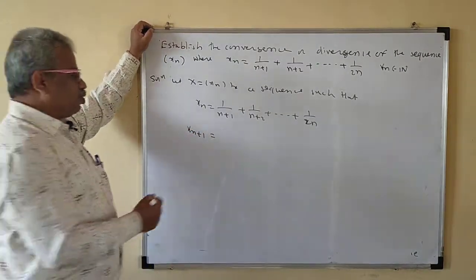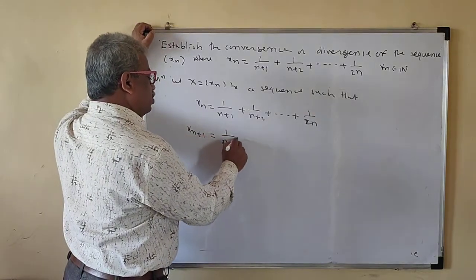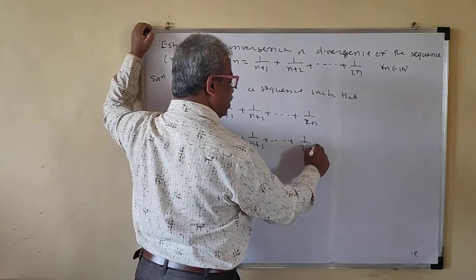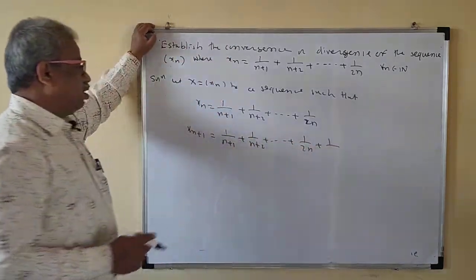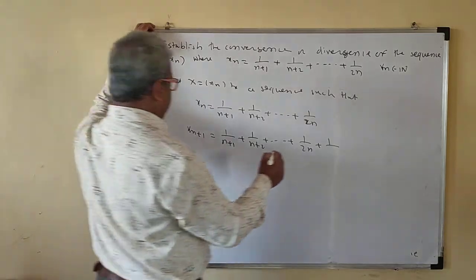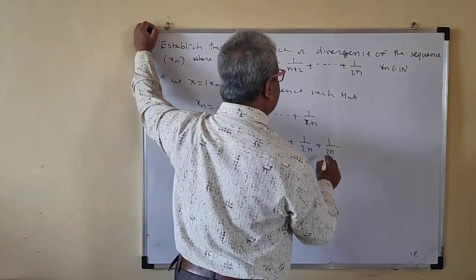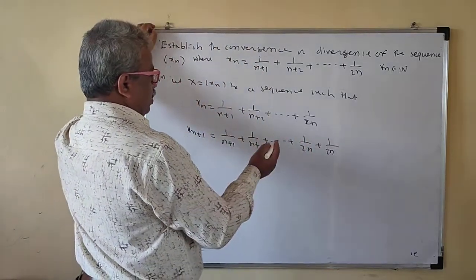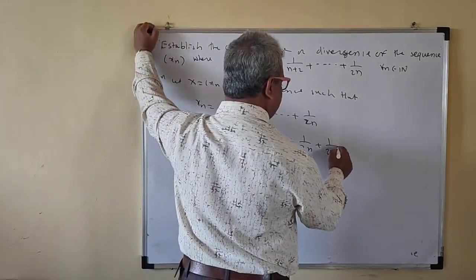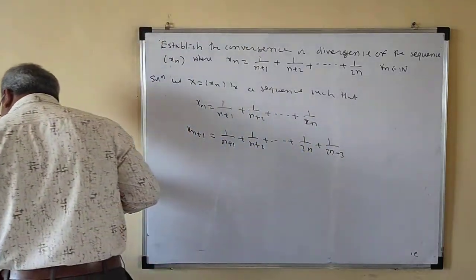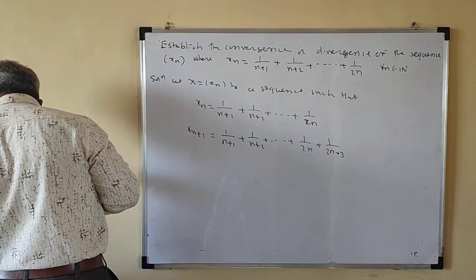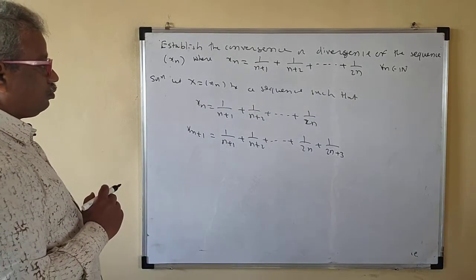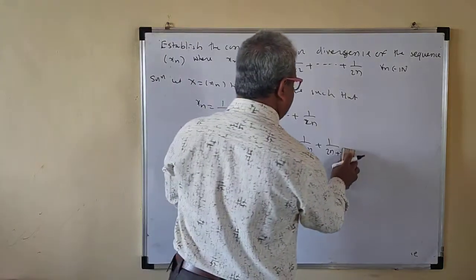That means we have to add one more term here. You have to replace n by n plus 1, so twice n plus 3 will be there, and your last term will be twice n plus 2.